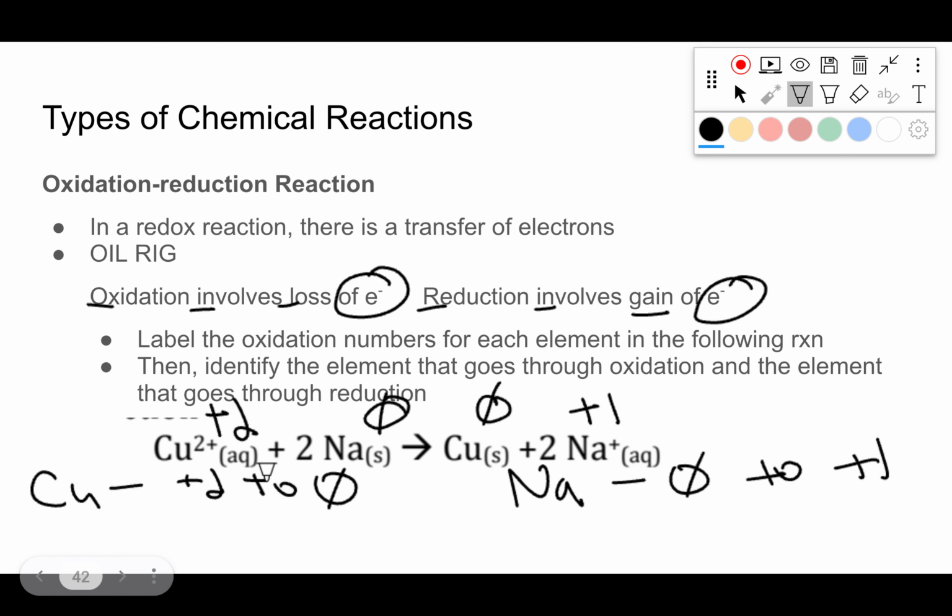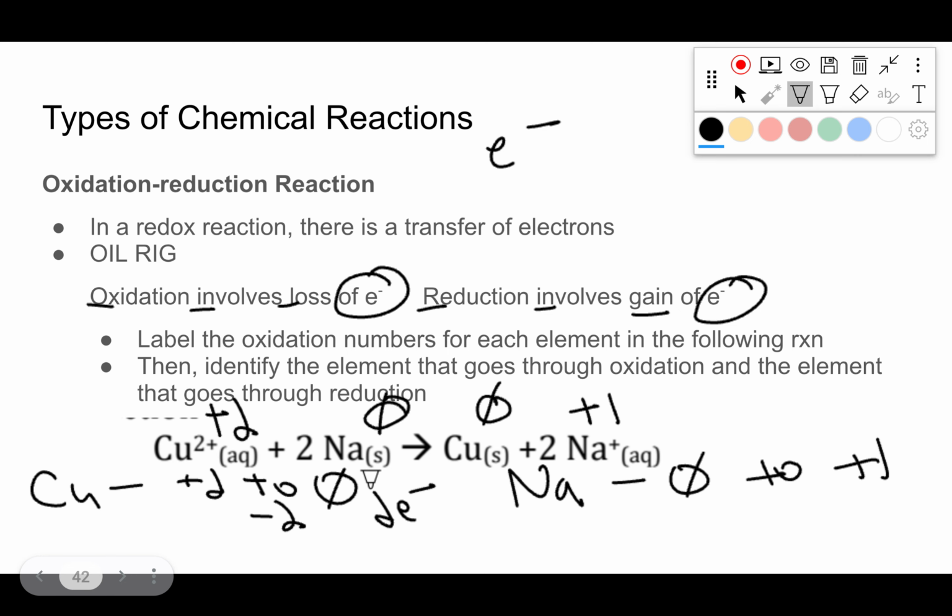Then we have to think about electrons. Electrons are negative. They are a negatively charged subatomic particle. So from this to this, how would it become 0? Well, if I have a positive 2, to get to 0, I had to gain a negative 2. So I had to gain 2 electrons in order to go from a positive 2 to a 0.